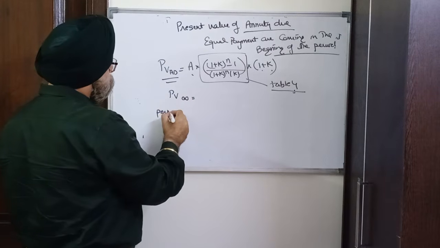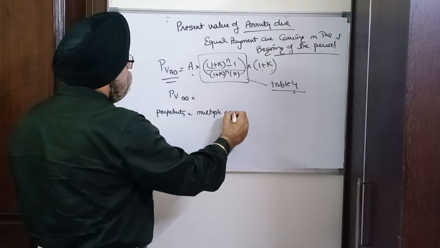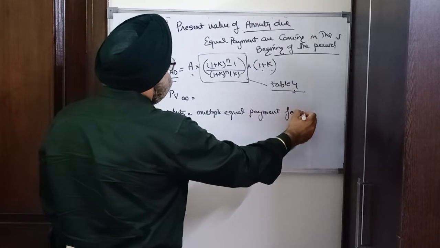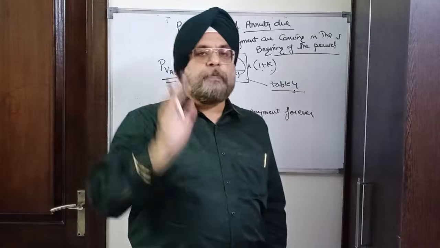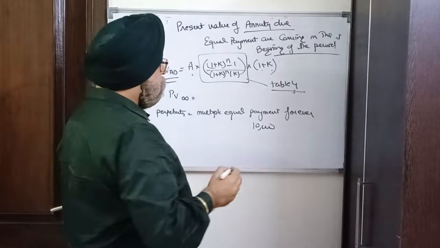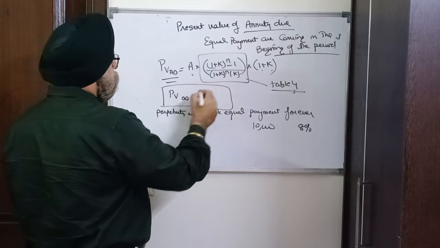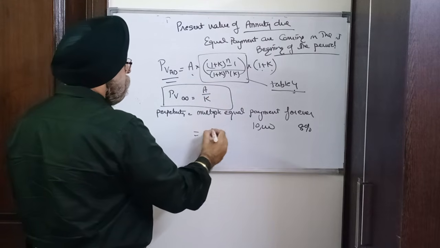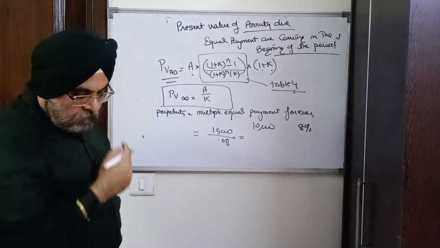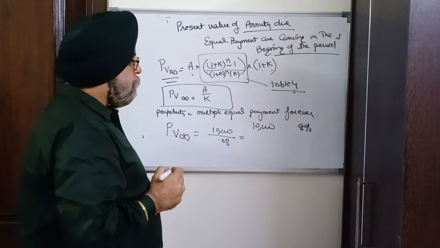Perpetuity means multiple equal payment forever. जिंदगी भर के लिए आपको 10,000 रुपए मिल रहा है, 10,000 rupees हर साल मिल रहा है जिंदगी भर के लिए 8% rate of interest पे. तो formula will simply be A upon K, 10,000 divided by 0.08. ये आपका present value of perpetuity का हो जाएगा.